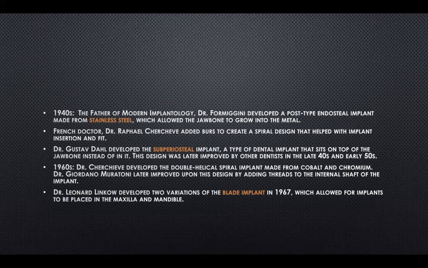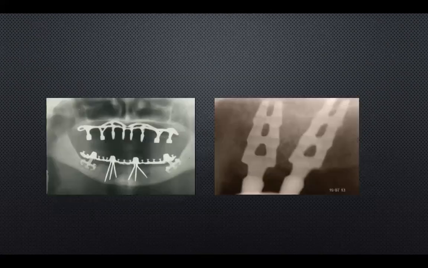So there was no osseointegration, or there was some mechanical issue with the design of these implants. And this is an example of the blade implants on the right here, and also a subperiosteal implant. And in this example, they're trying to replace the maxillary edentulous arch using a subperiosteal implant.